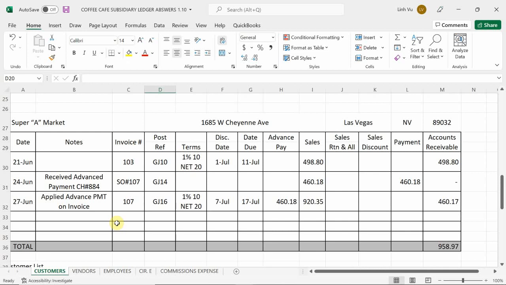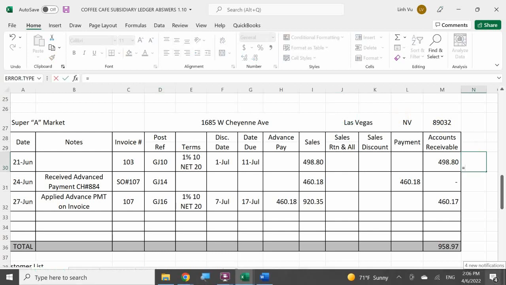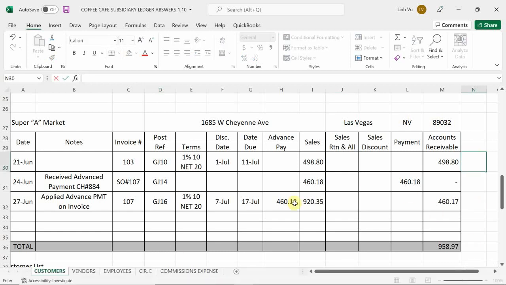And now what is 1% of, what is that, 890? So what is the discount going to be?